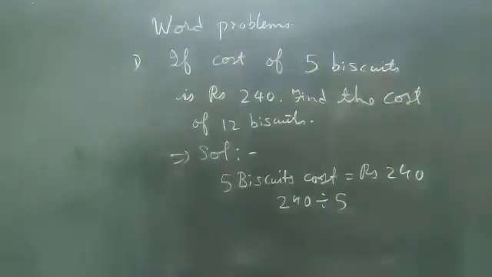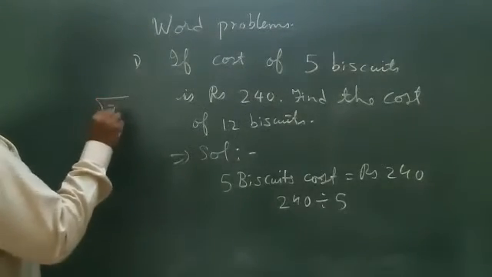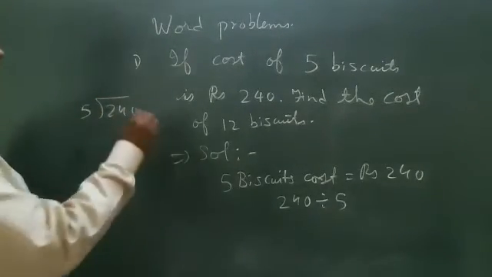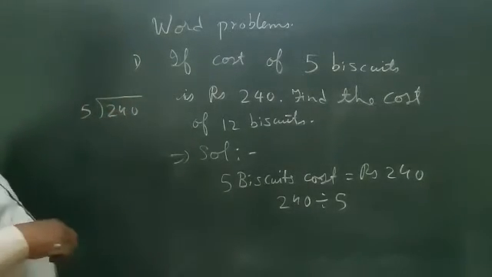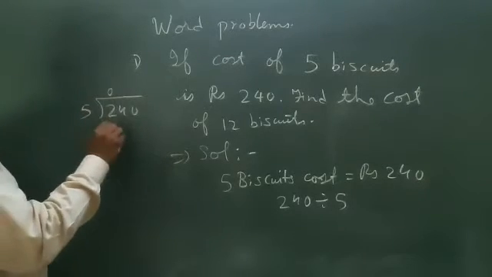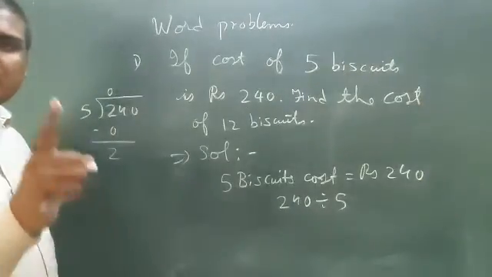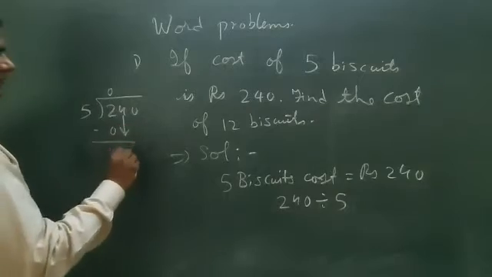This side is visible. So 240 divided by 5. Now see here. 2 is less than 5. 5 table. So nearest number you can go for basics. 5 zeros are 0. 2 minus 0 is 2. Then at one time one number will come down, 4.